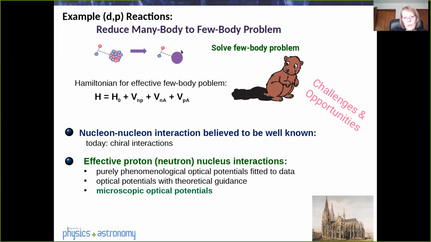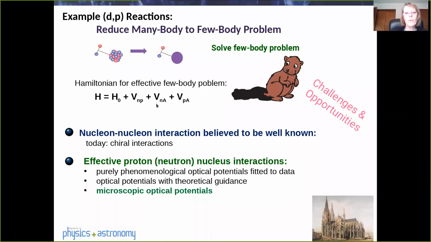Of course, when you do that, you have to define a Hamiltonian for the effective few body problem, which is the kinetic energy, your NP interaction, which is between the neutron and proton in the deuteron, and then you have effective interactions between the neutron and the nucleus and the proton and the nucleus.